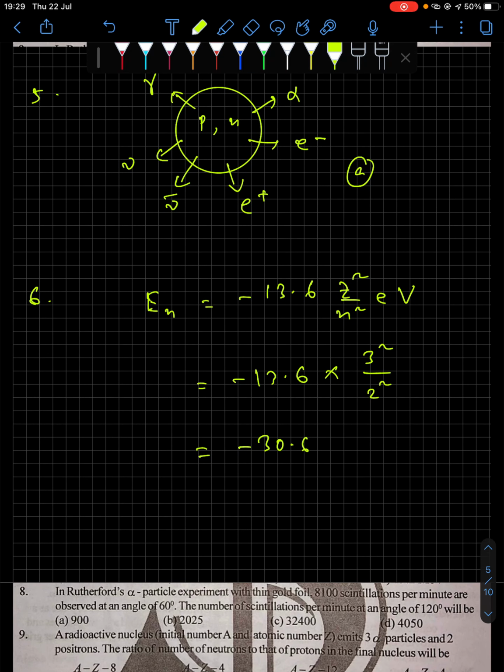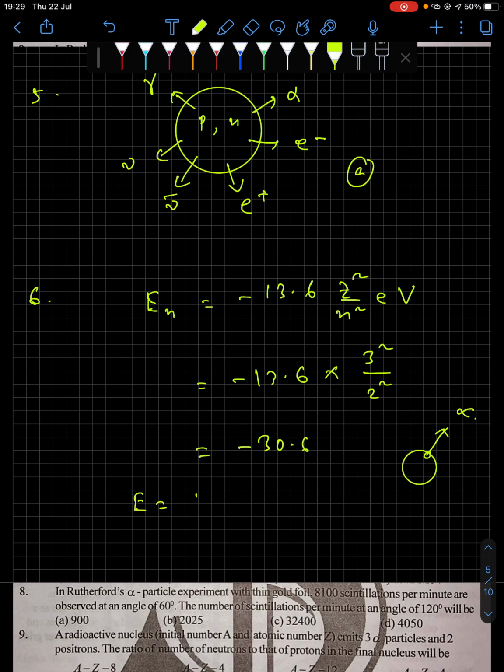So this will give you minus 30.6. Okay, so energy required to remove the electron will be plus 30.6. And if you want to go by relation, actually you are knocking out the electron from a particular orbit. You are knocking out totally, that means the electron is going to infinity.